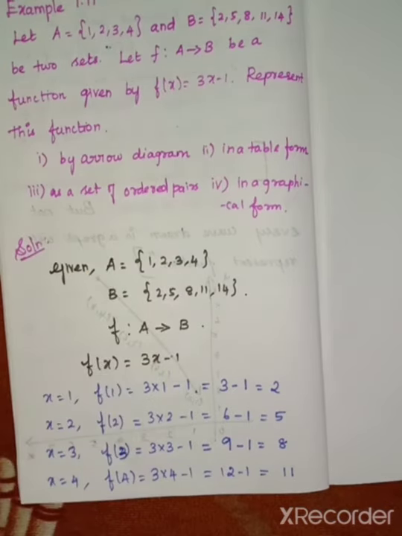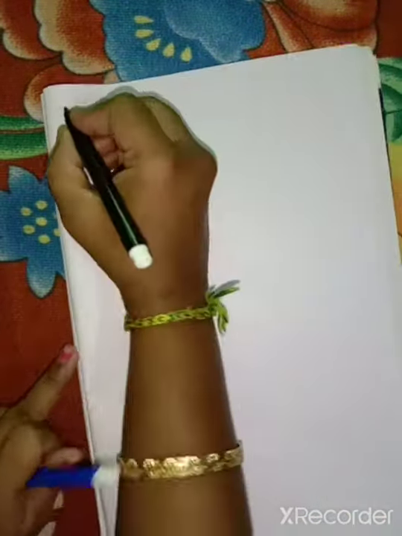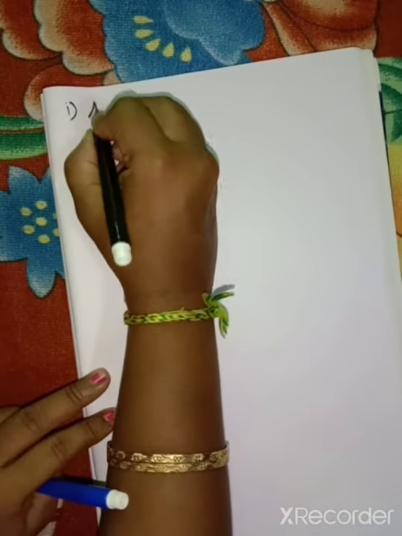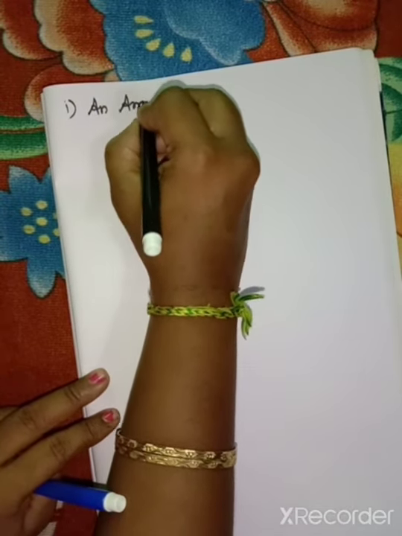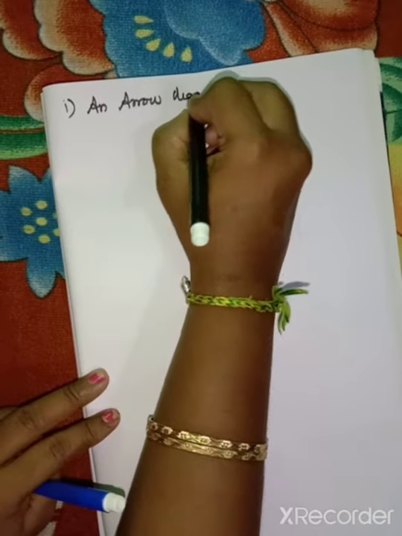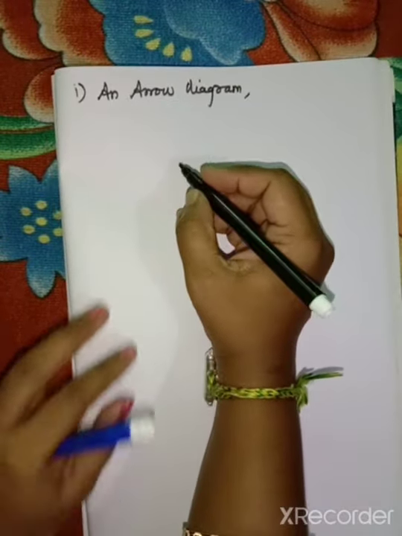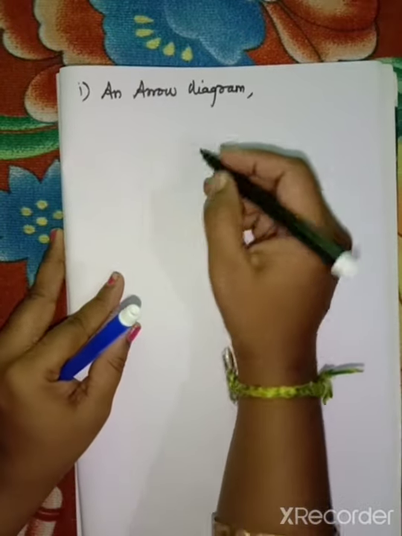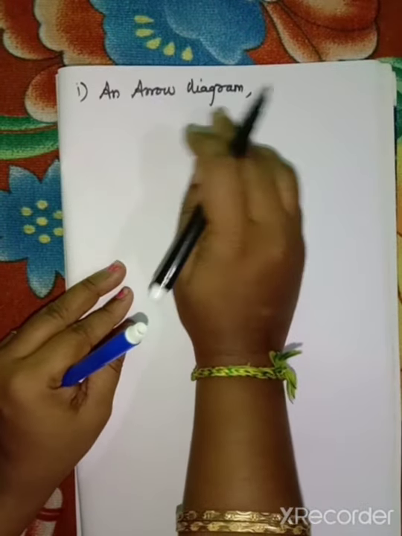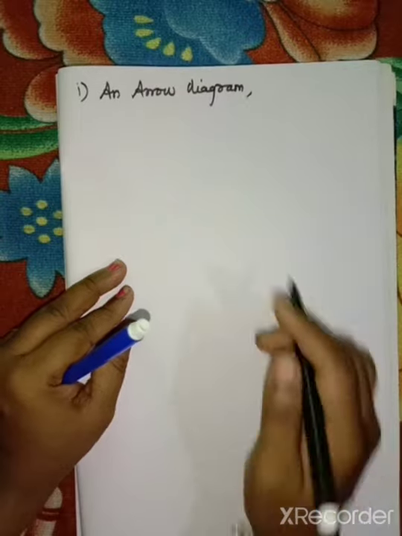First one is the arrow diagram. For the arrow diagram, first of all you have to use the scale and pencil for the diagrams, and also for the table and the graph.